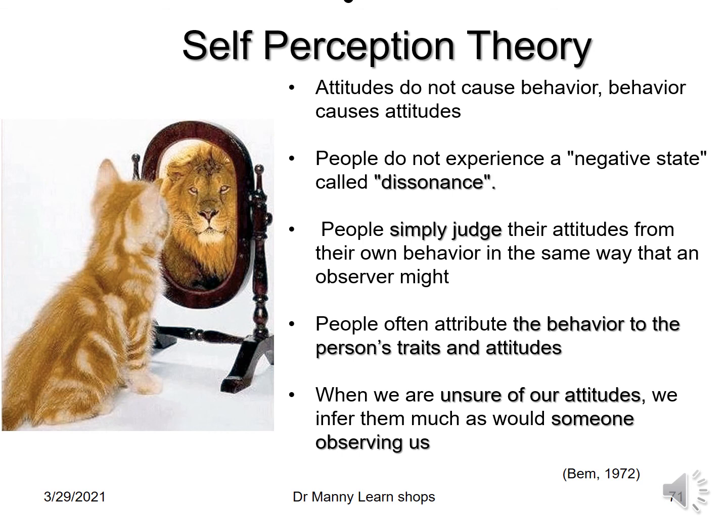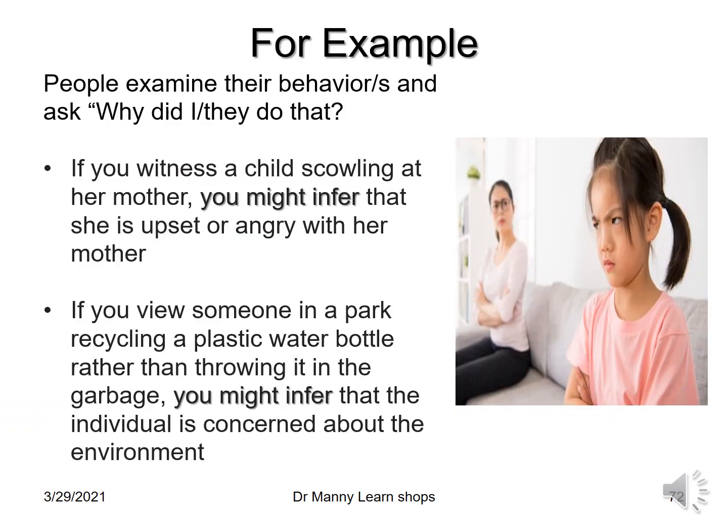People often attribute behaviour to a person's traits or attitudes. So when we're unsure about our attitudes, we infer them or push them onto someone who's observing them. For example, people examine their behaviours and ask, why did they do that?